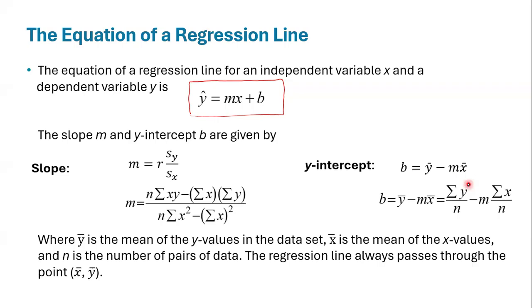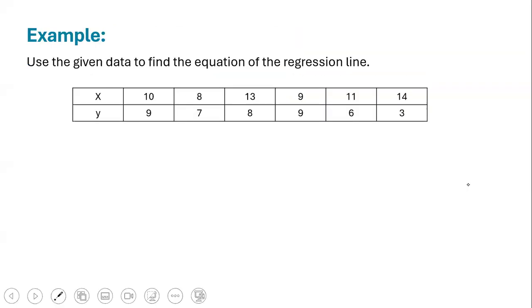If you want to use formulas and work on the problem manually, for example, we have a given data set, and it asks us to find the equation of the regression line. As I said, we need to know x bar, the standard deviation of x, y bar or the mean of y values, and the standard deviation of y values.